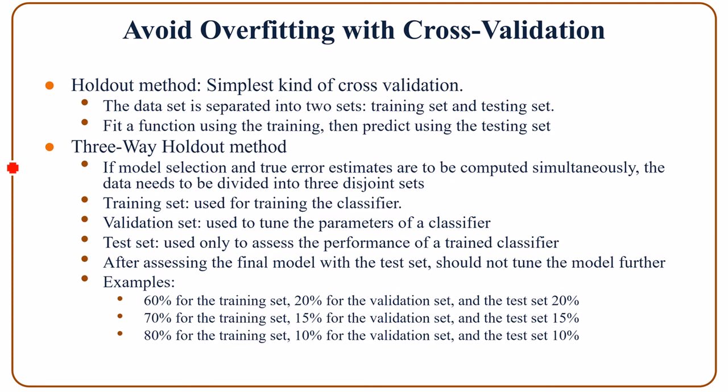Typically, the data is split into three different sets: the training set, the validation set, and the test set. The training set is used to train the model, and the validation set is used to tune the parameters. The test set is set aside to assess the performance of the trained classifier.